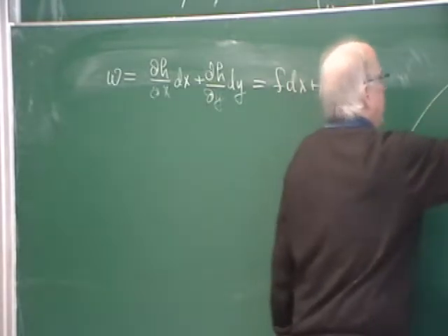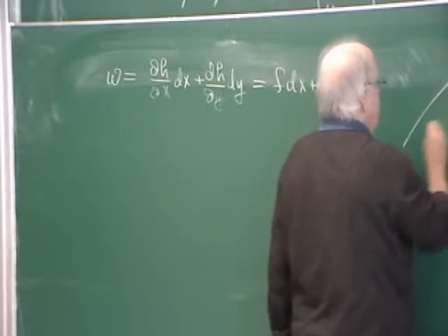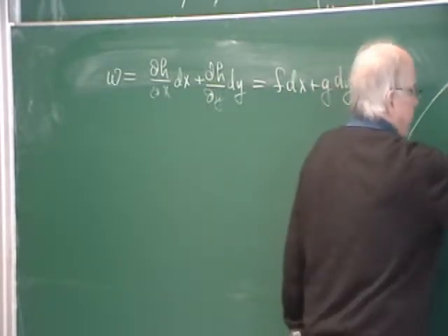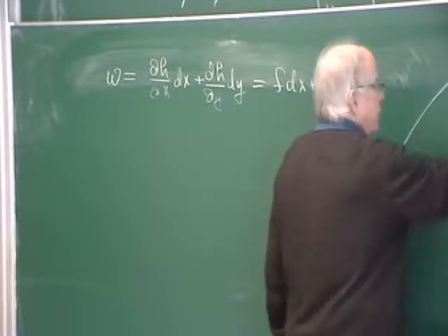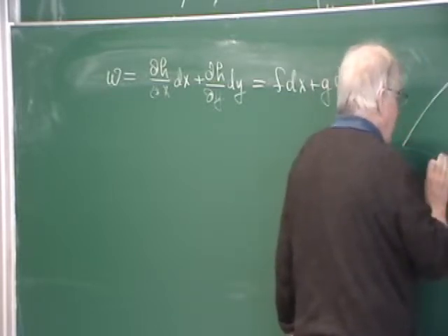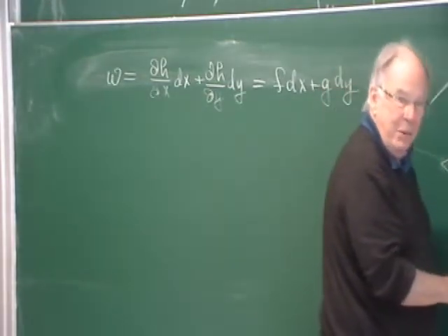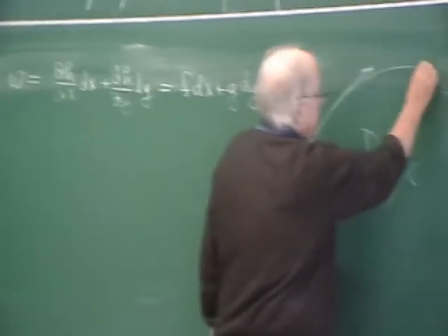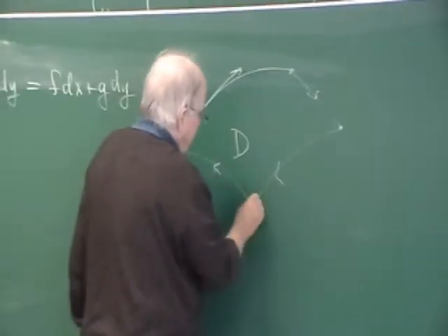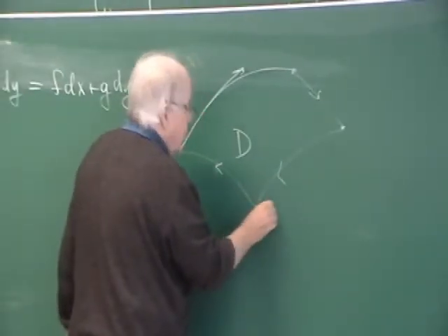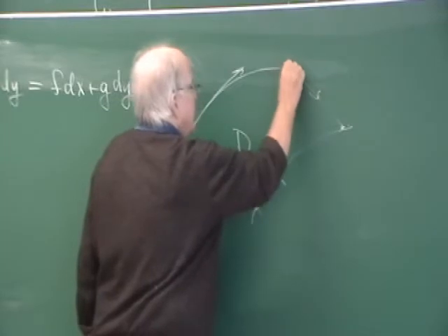And here's the curve, and here is the velocity. This curve is maybe bounding something for Green. So this curve is the oriented boundary of some domain. All right, we've got a domain in the plane, and the curve is maybe only piecewise smooth, but that doesn't matter.